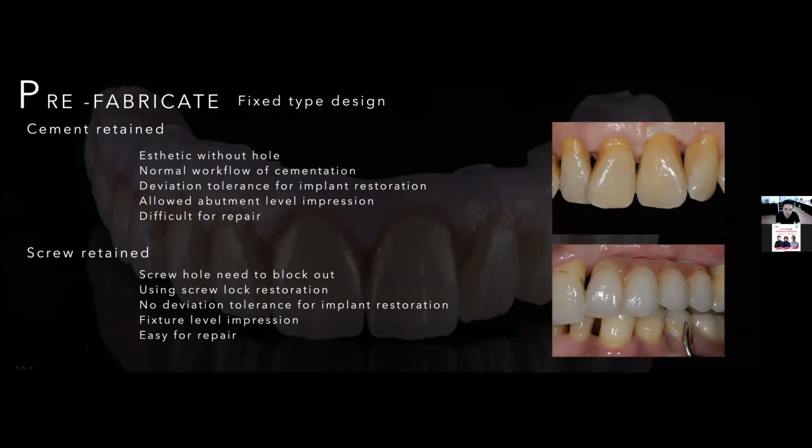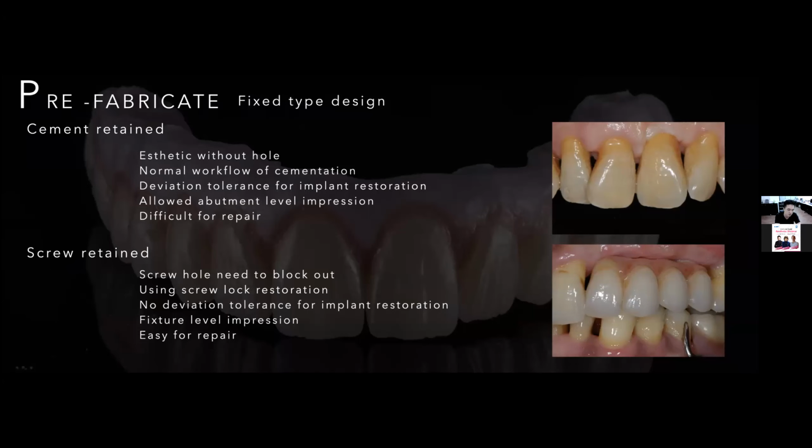And if you want to create a screw bridge with a fixture level impression, this is also very difficult, because after the dentist removes the tray with the bridge in the patient's mouth and we pour the stone in, not every time is the position very right.